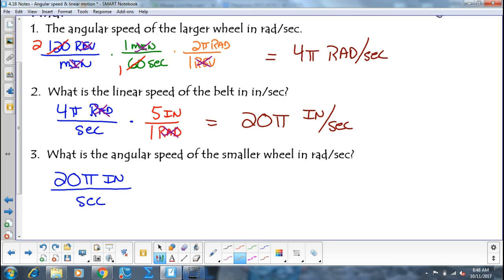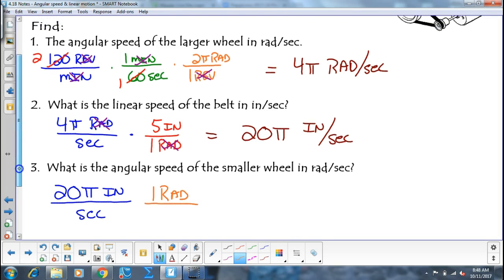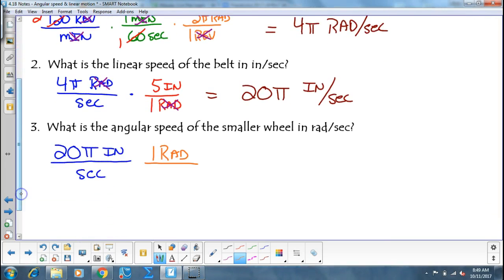So 1 radian here now is the radius of the smaller sprocket, pulley, whatever you want to call it, and the radius of the smaller one was 2 inches.